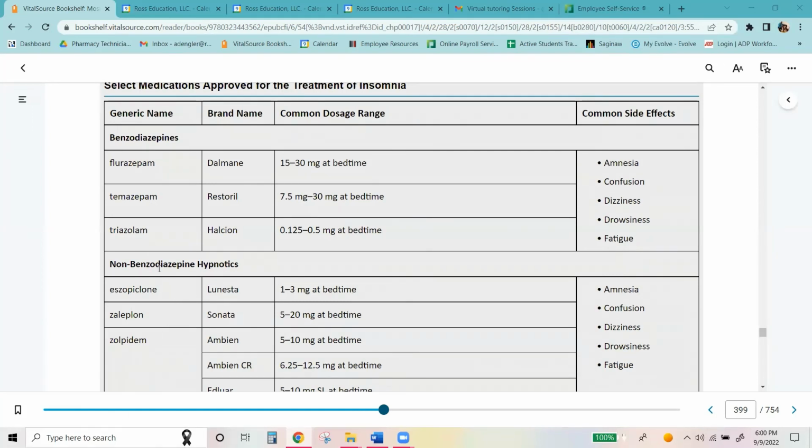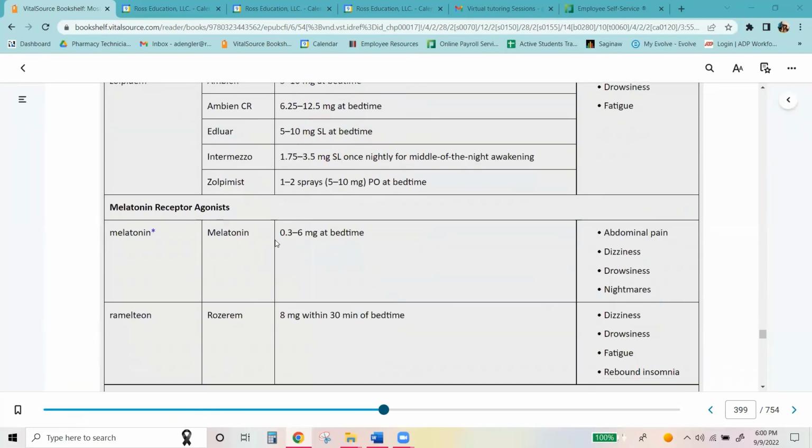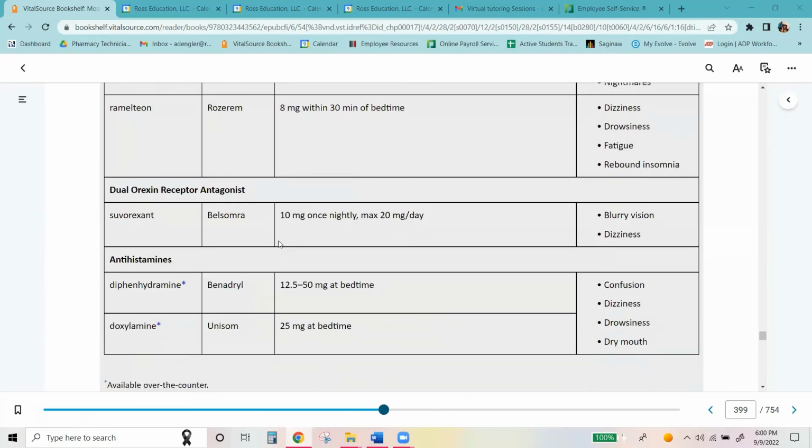We have non-benzodiazepine hypnotics, melatonin receptor agonists, like melatonin, which is just natural, or the medication Rozerem. We have dual orexin receptor antagonists like Belsomra and antihistamines that are actually over the counter, Benadryl and Unisom.